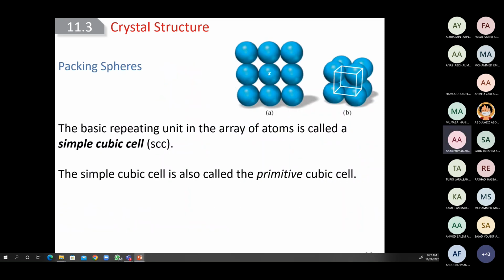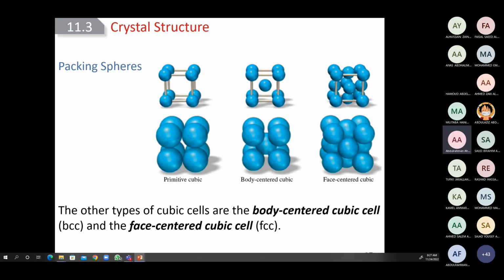Now, we have 3 types of cubes that I want you to memorize. Which one is the crystalline structure that we care about? The cubic. Okay, good.